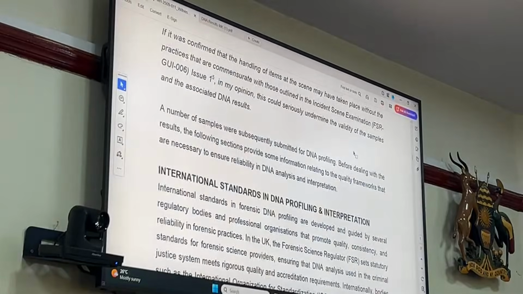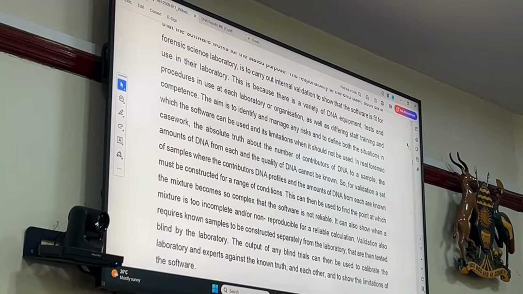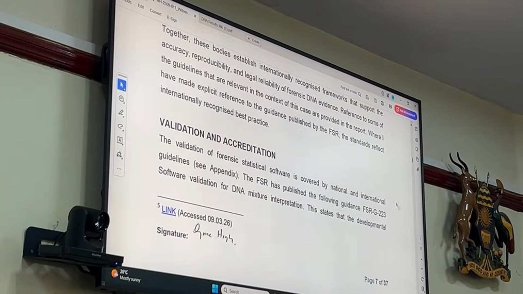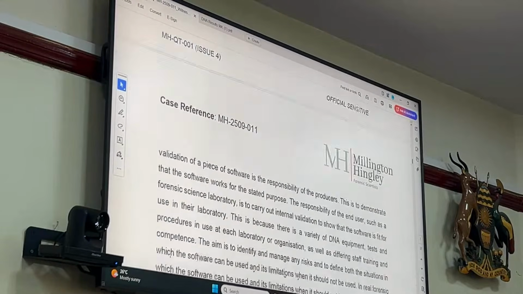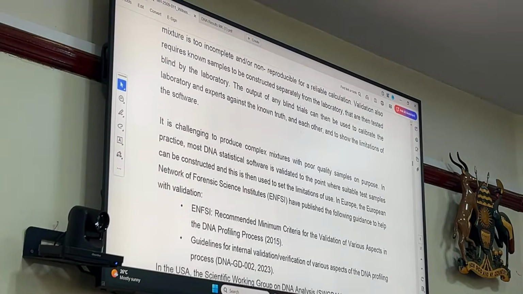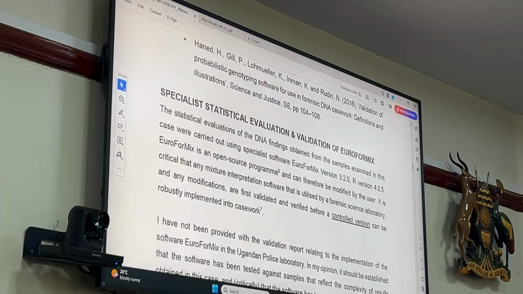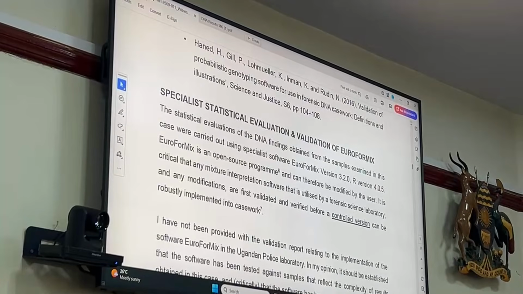Maybe I'll start by asking you, how in this case were the DNA profiles extracted? Okay, maybe let me ask the question again. In this case, from your review of the documentation, what was done?